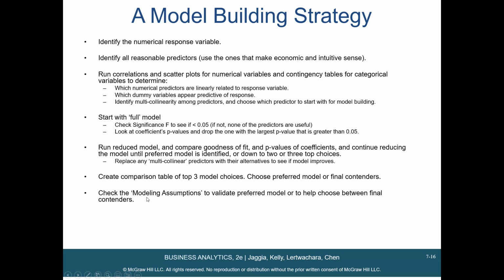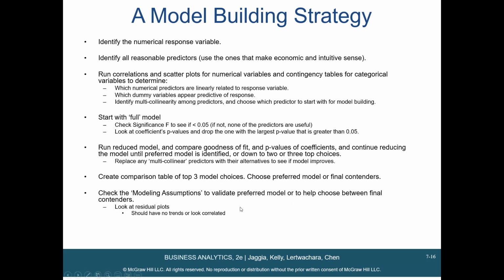Once you've done that, you're going to check the modeling assumptions to validate that your preferred model is okay, or if you're down to between 2 final models, if you look at the modeling assumptions, you may be able to differentiate between those 2 final models, which one has better residual profiles.